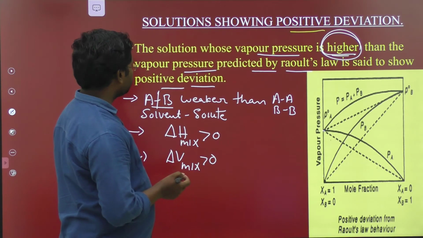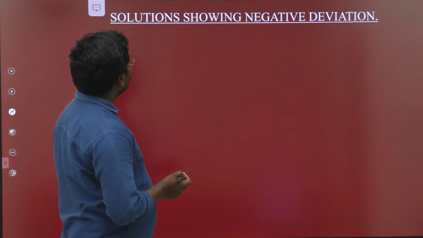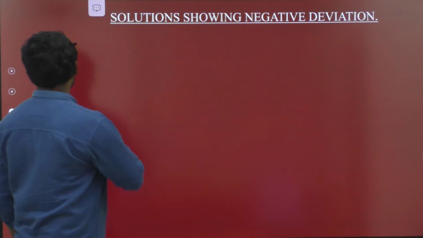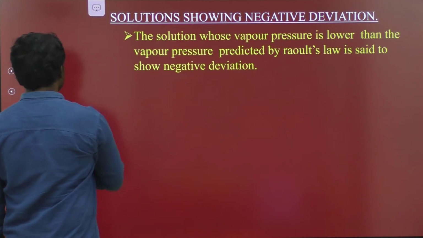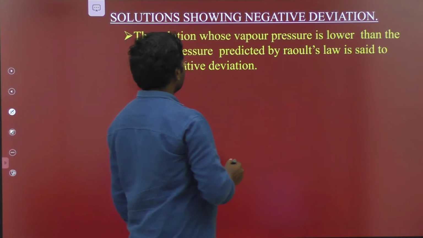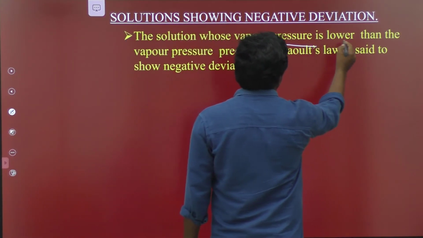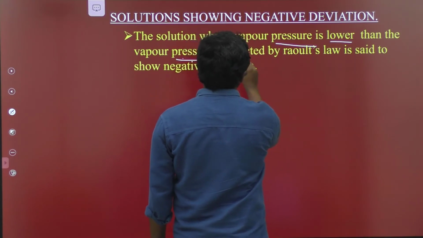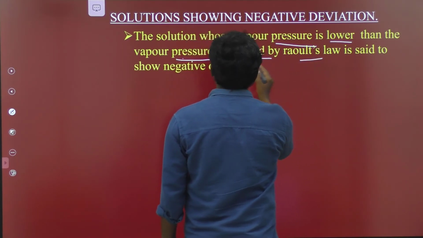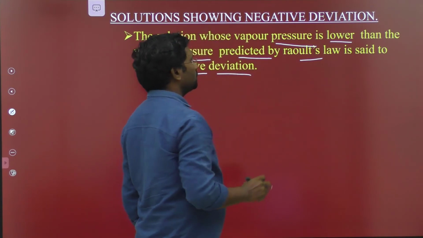So next one, solution showing negative deviation. The definition is: a solution whose vapor pressure is lower than the vapor pressure predicted by Raoult's law is said to show negative deviation.